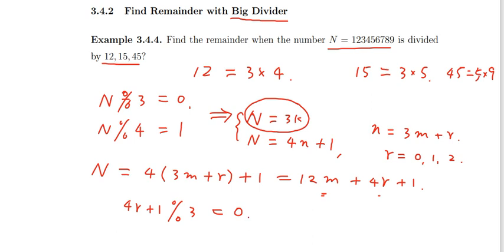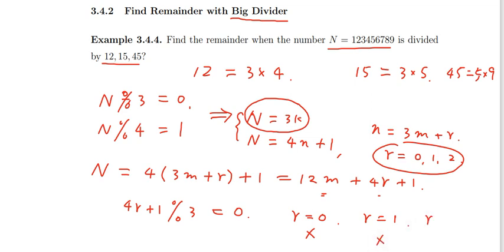So we just check which r, there are 3 possible r, satisfies this. r equals 0 is not okay, right? Then r equals 1: 4 times 1 plus 1 is 5. 5 divided by 3, remainder not 0. So this is not okay.